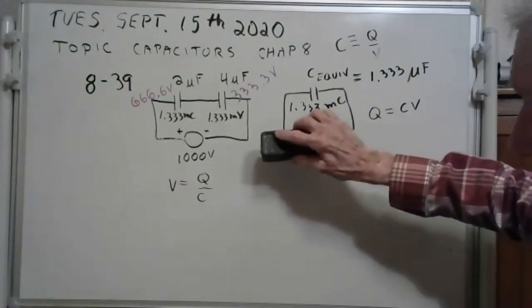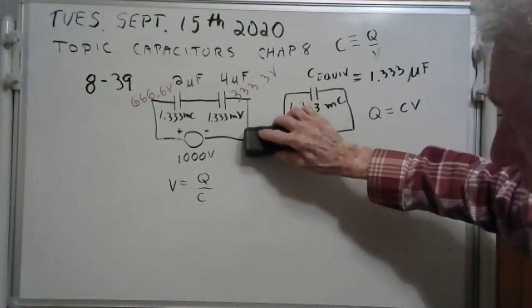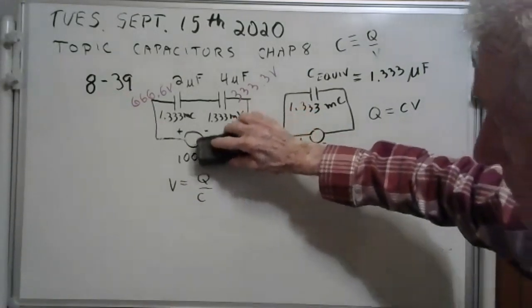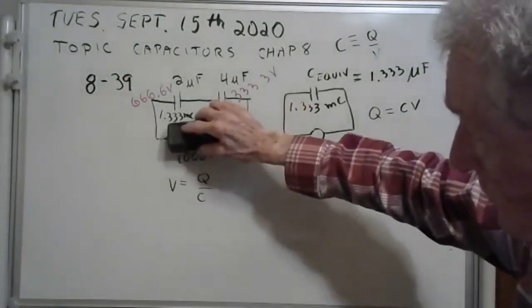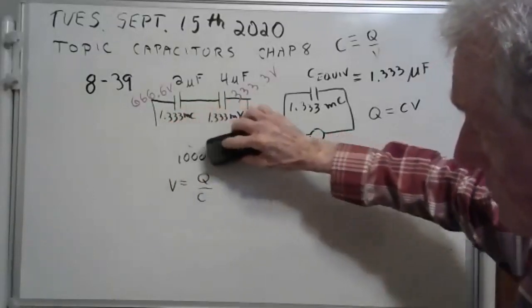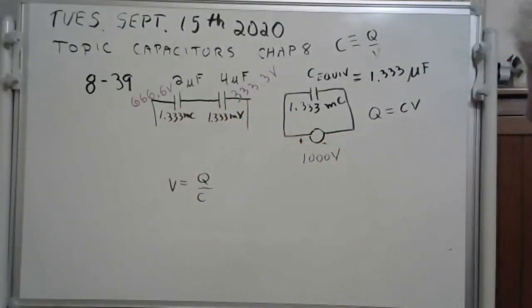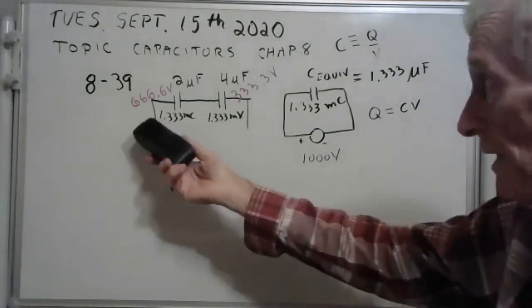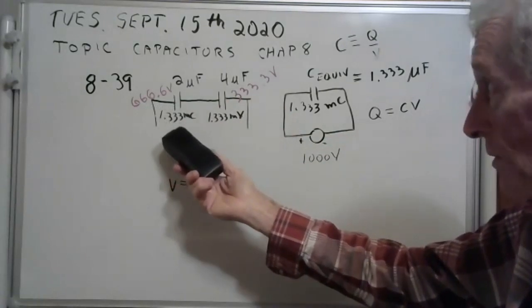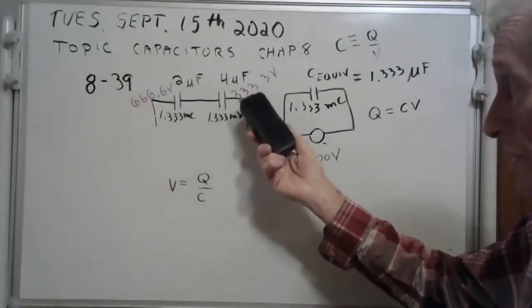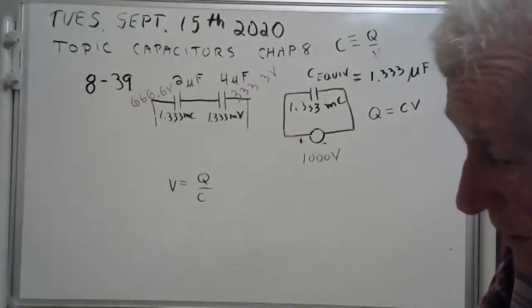So what we're going to do is we're going to come along here and disconnect. See that 1,000 volt source? When you disconnect that, you still have this voltage on here, though. You still have that voltage there, but the source is gone.